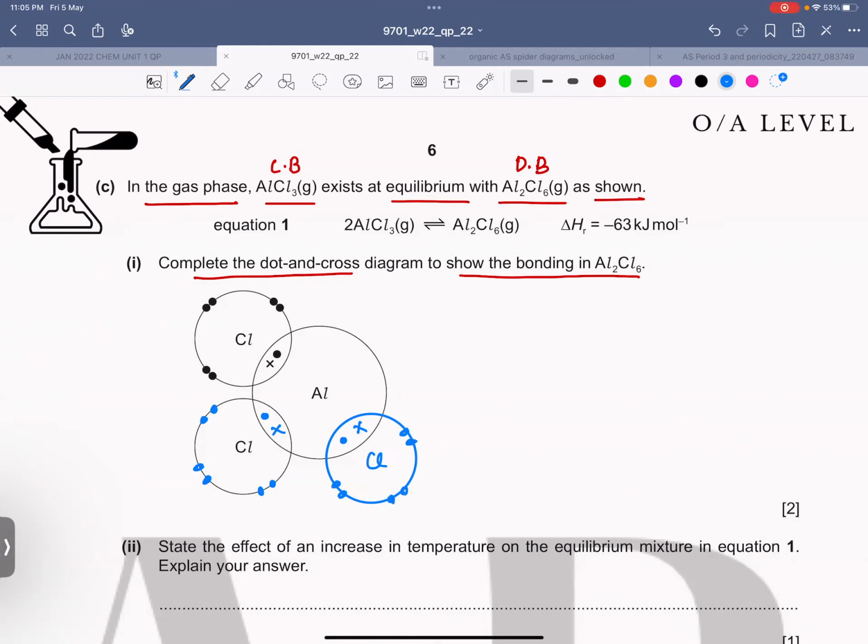But if you recall, okay, let me do one thing. This is one aluminum chloride molecule, AlCl3.